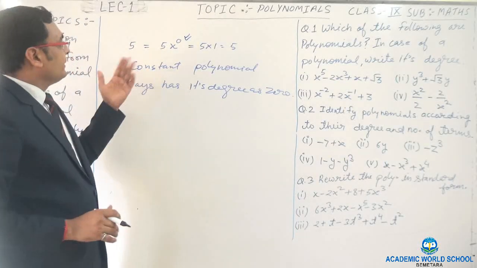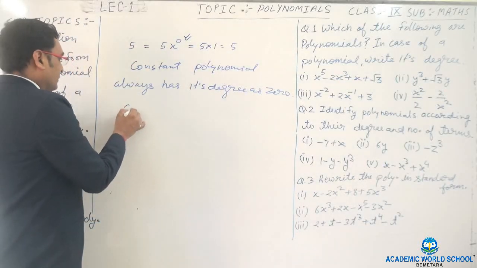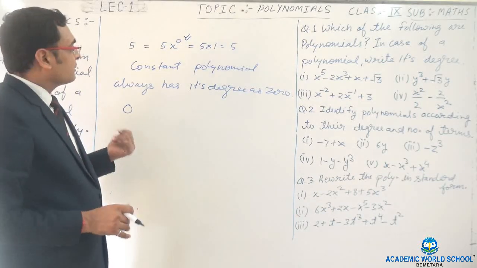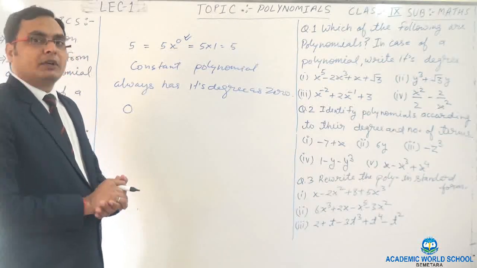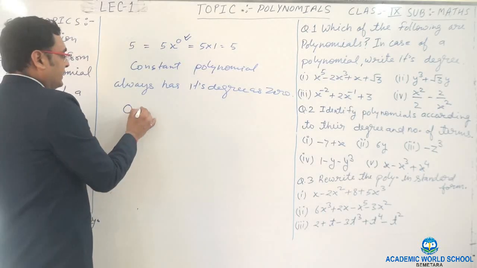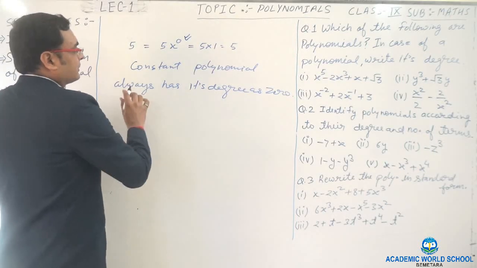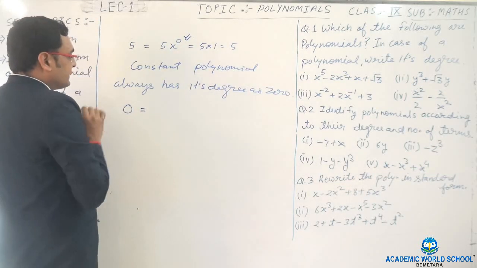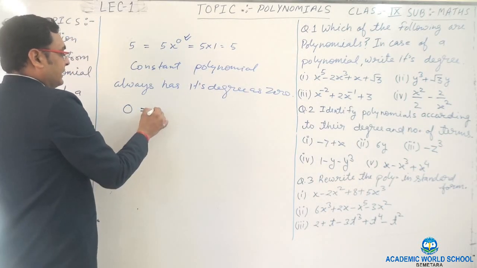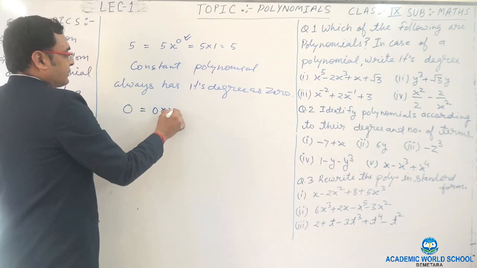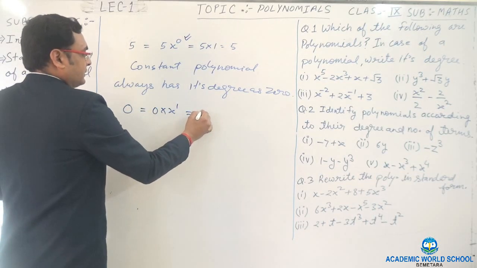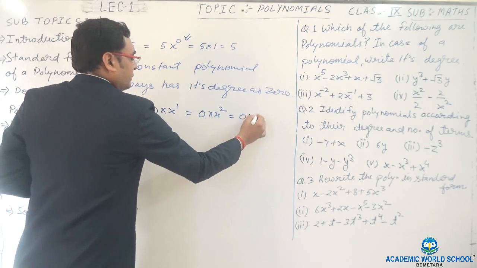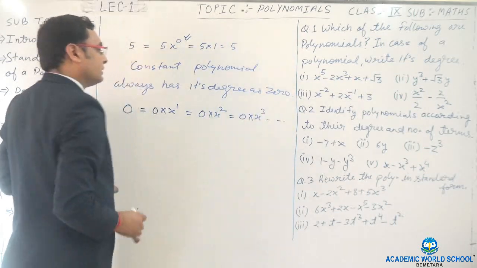Next, if we write 0, 0 is also a constant, so it should be a constant polynomial. But look here, we know the constant polynomial has its degree as 0. But 0 we can write like this: 0 into x to the power 1, 0 into x to the power 2, 0 into x to the power 3, and so on.